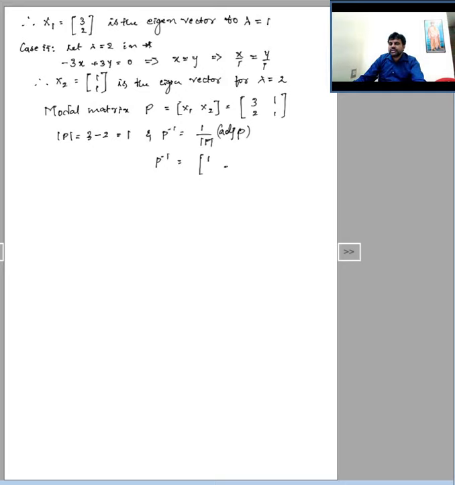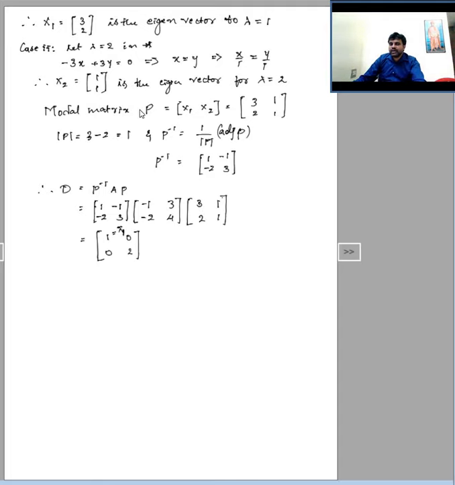So that is what P inverse I am going to get. So finally D is given by P inverse AP. Multiply all the 3 matrices. You are going to get the diagonal matrix, where the diagonal elements should be the eigenvalues lambda 1 and lambda 2.